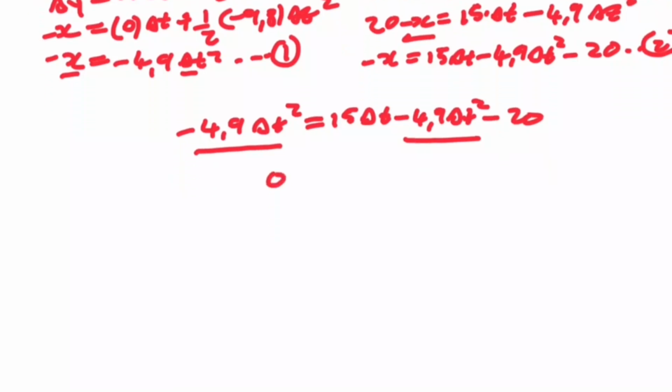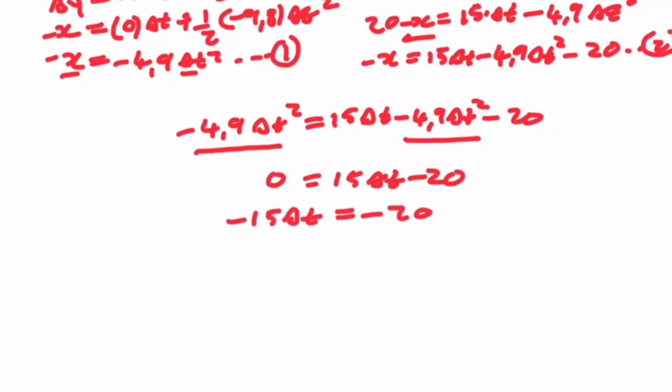So we have 0 equal to 15 delta t minus 20. Moving 15 delta t to the left hand side, minus 15 delta t is equal to minus 20. If we divide both sides by 15, we get 1.33 seconds. That is the time it takes for the two balls to meet.